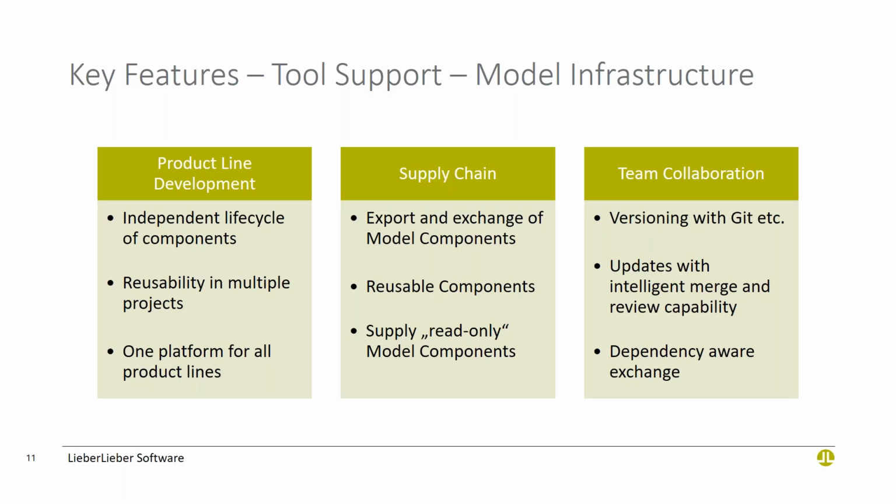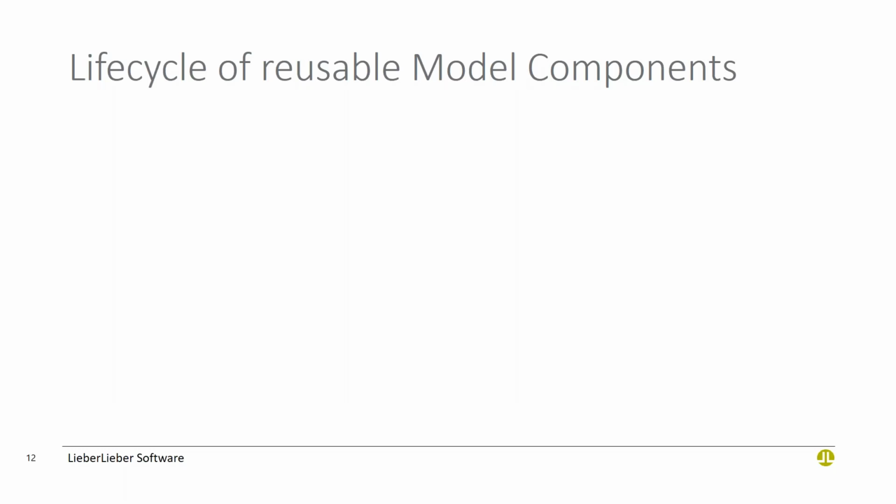Or what we see more and more is that people have given up on the concept of 150% models for variant management, and they use branches and our LemonTree component strategy to manage the variants of one product with the same technology that we introduce for the product line development.